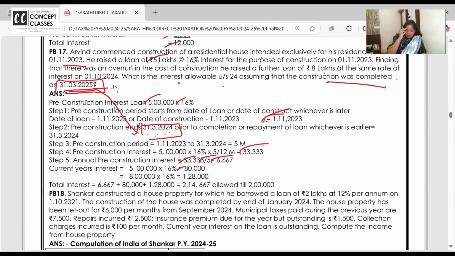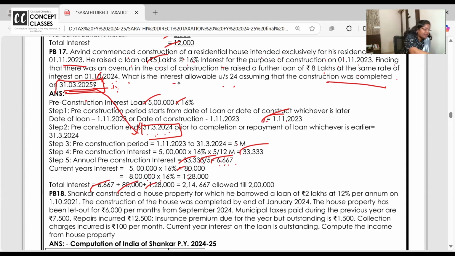So the 8 lakh is not treated as pre-construction interest. It will be taken later. So what is your pre-construction interest? 6,667, which came after dividing by 5. The 8 lakh at 16% is taken. Make it 1st April only. 1st April 24, your pre-construction period closed.